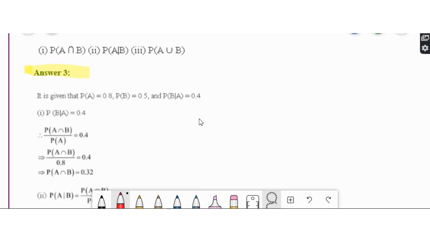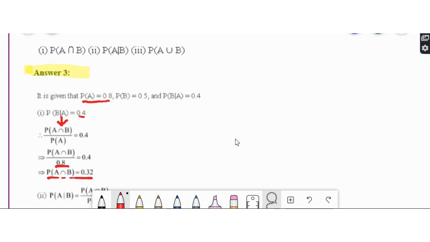P of B by A is equal to P of A intersection B upon P of A, and P of B by A is available, that is 0.4. Now P of A is given, P of A is equal to 0.8. So replace that value, so the intersection you will get directly 0.32.